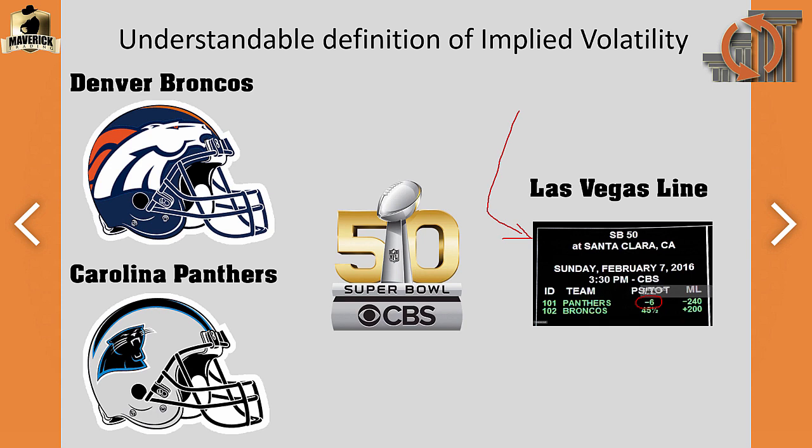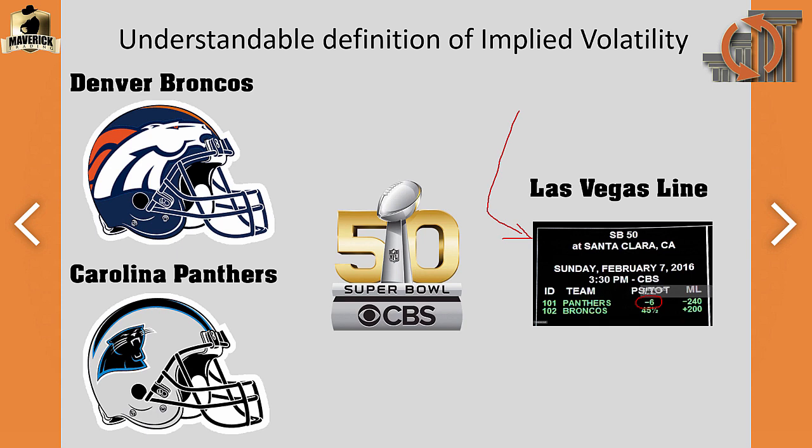If there's too many people on one side, the bookies don't like it because they might have to pay out quite a bit. So what do the bookies do? They move the line. They move the line to discourage more buyers from coming in and encourage more people to come in on the other side, because in the end, they want equal number of buyers and equal number of sellers. They want equal numbers for the Panthers as they do for the Broncos. They're just looking to capture that spread.